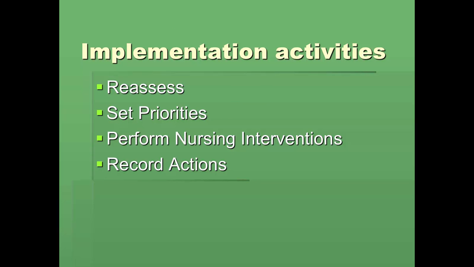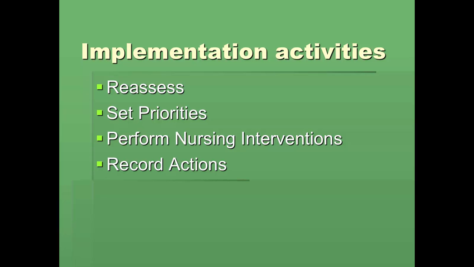The activities that are part of this implementation phase of the nursing process are listed here. One thing to keep in mind is that we are always reassessing. We're always looking for new information, so we never take off those assessment glasses as we are moving through the nursing process. As new information arises, it may mean new priorities, and we may need to reset our priorities.